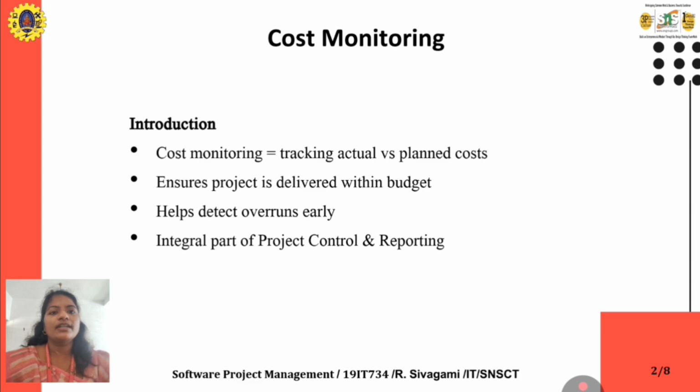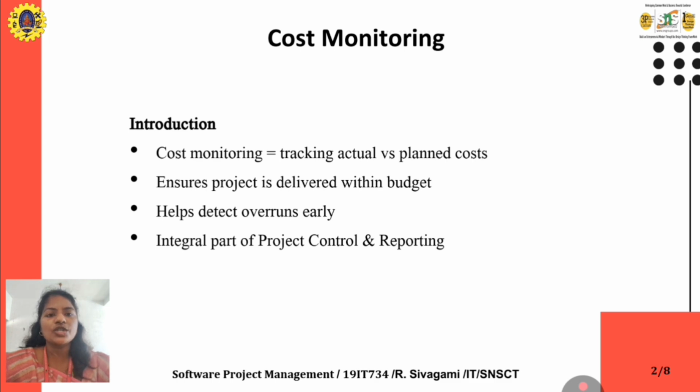Here I give an introduction to cost monitoring. What is meant by cost monitoring? Cost monitoring is tracking the actual versus the planned cost. Suppose we have a plan to do a project. Before we start our project we should plan our cost.